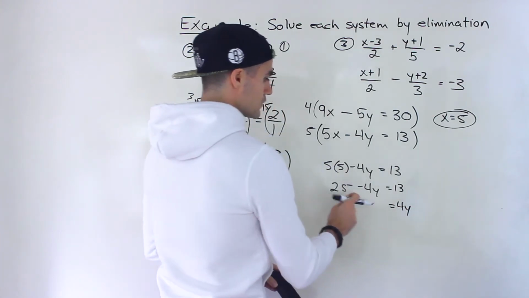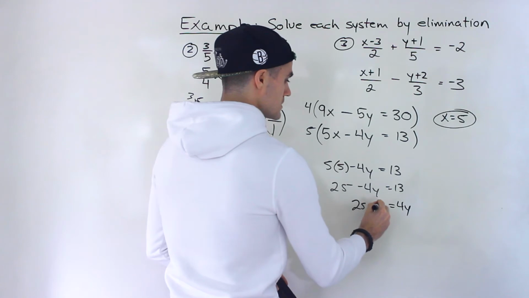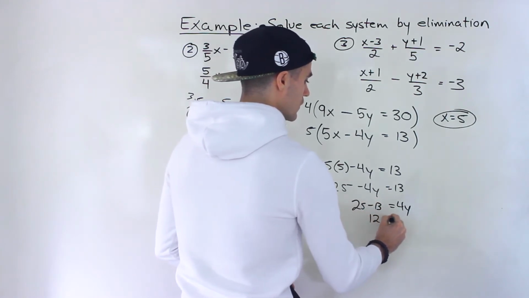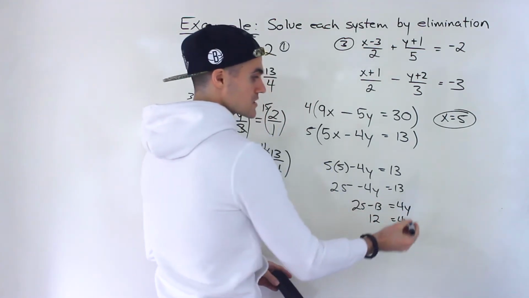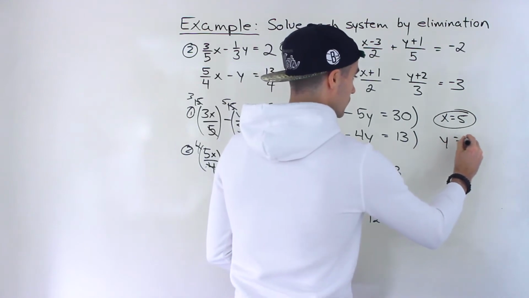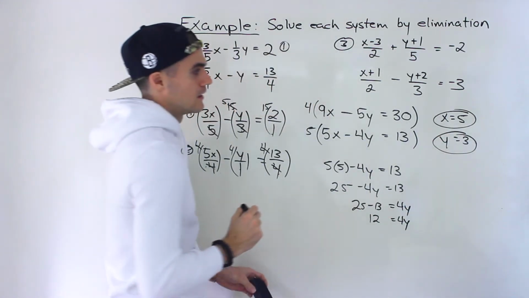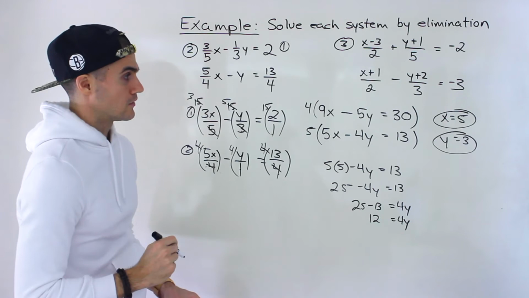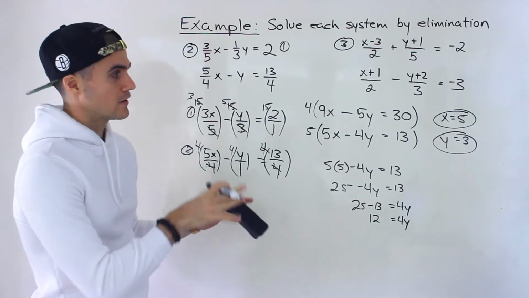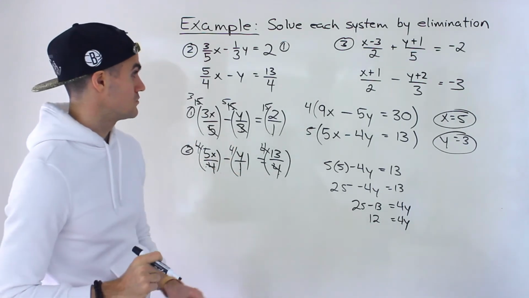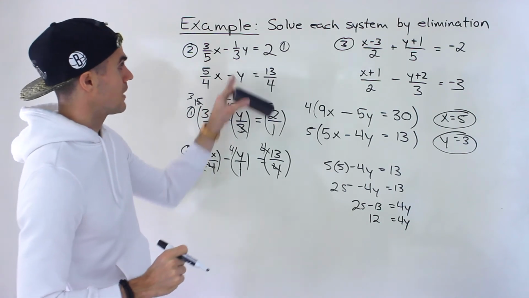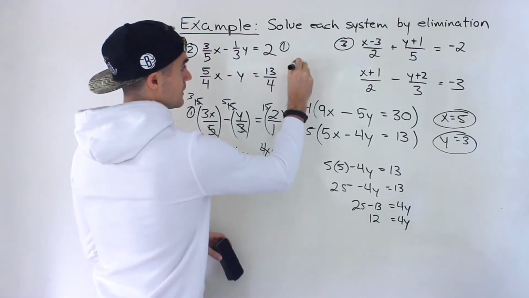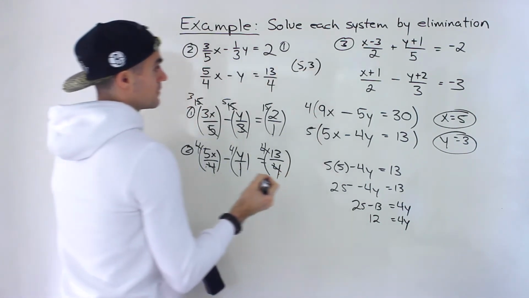Let's bring the 13 over. 25 minus 13, 12. 4y, divide both sides by 4. Y is equal to 3. Right, so that ends up being the final solution. So whichever way you go about it, just make sure you're getting that solution. All right, so between these two lines, the point of intersection is 5 and 3.